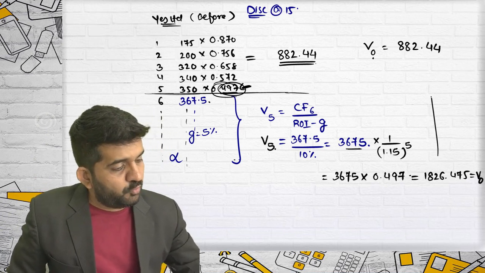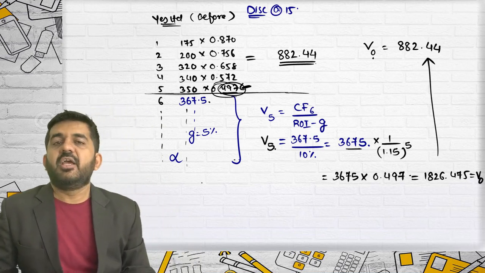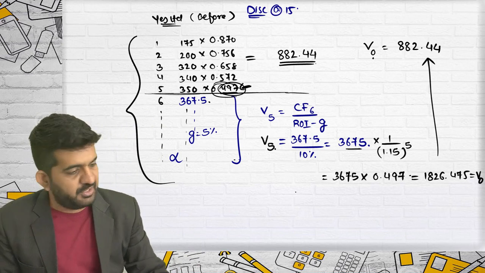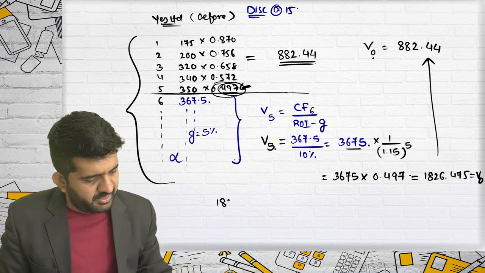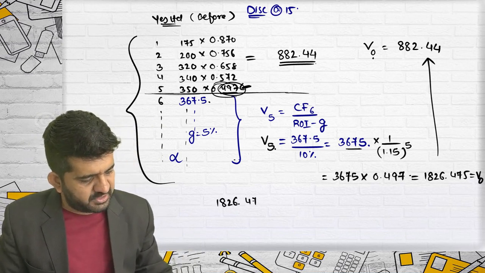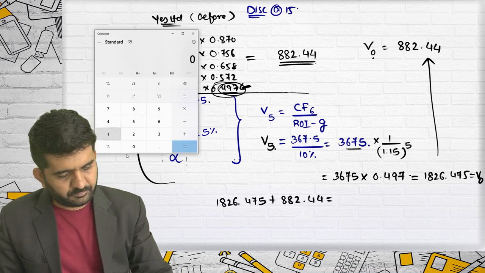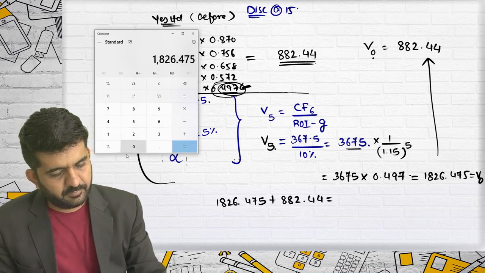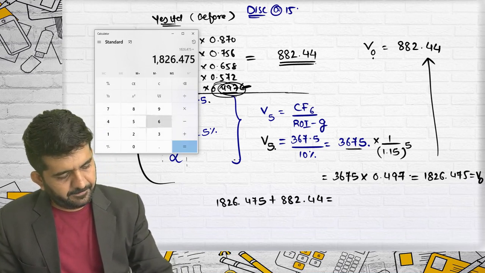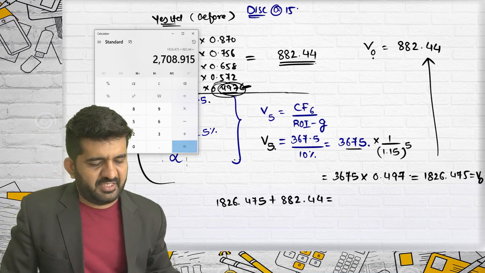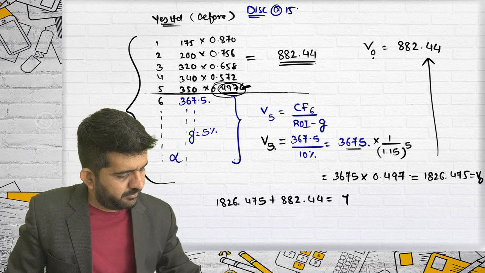Now, can these two figures be added? Yes. And it will be the total present value of all these figures. It is 1826.475 plus 882.44, which is 2708.915.